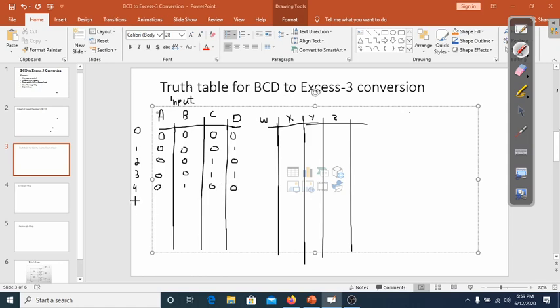For 5, the BCD code was 0 1 0 1. For 6, it is 4 plus 2, which is 6, so the remaining bits are 0.